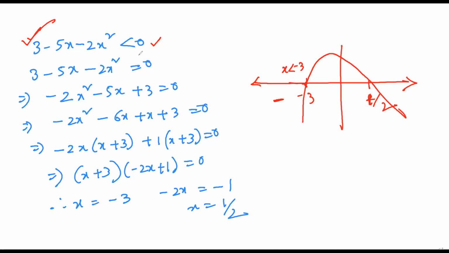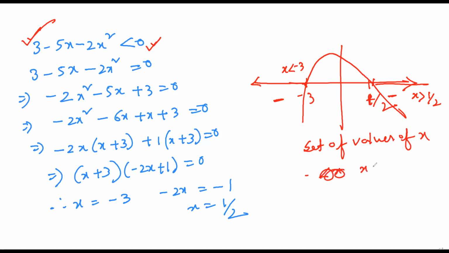This part is negative, that we want. And for x greater than half, the curve is also negative. So the set of values of x is x less than minus 3 or x greater than half.